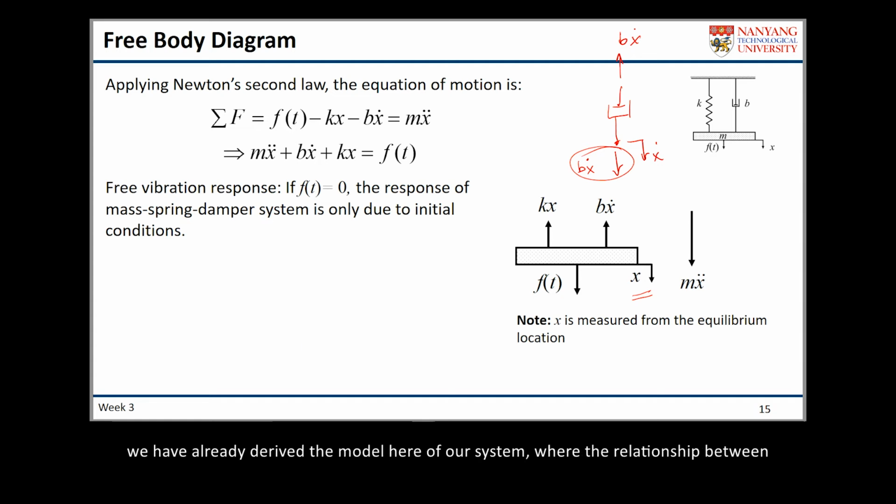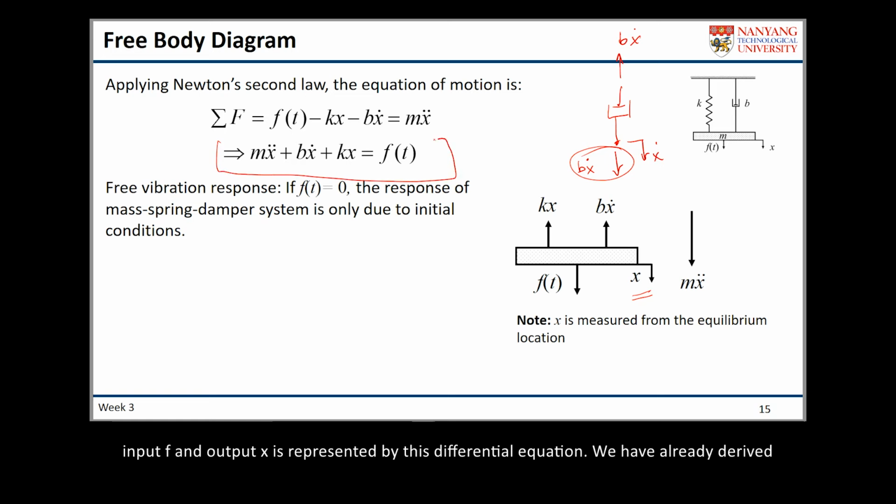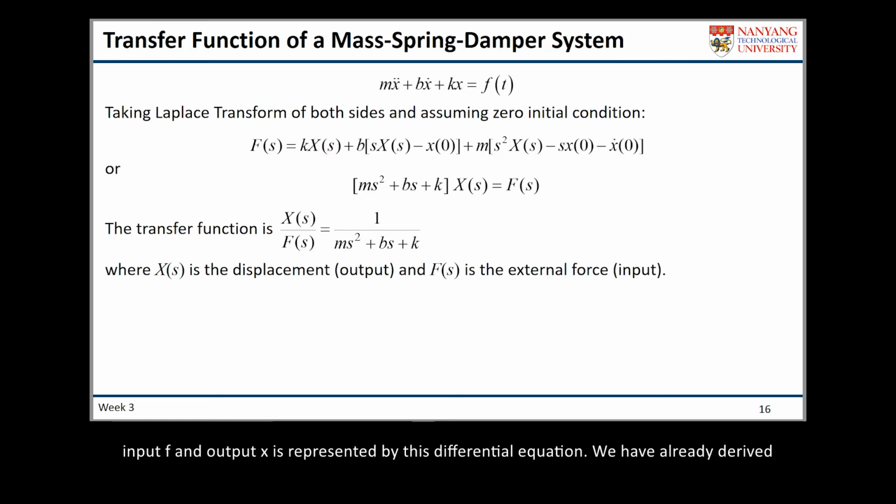So at this point, we have already derived the model of our system, where the relationship between input f and output x is represented by this differential equation. We have already derived the mathematical model of the mass spring damper in the previous slides. We just discussed it, and we derived the model in the form of a differential equation.